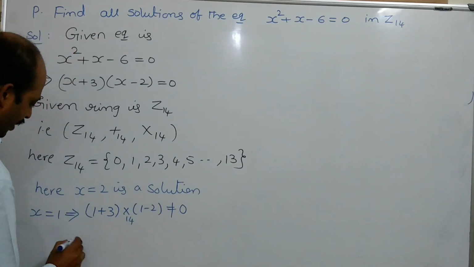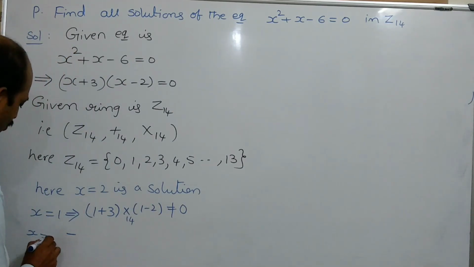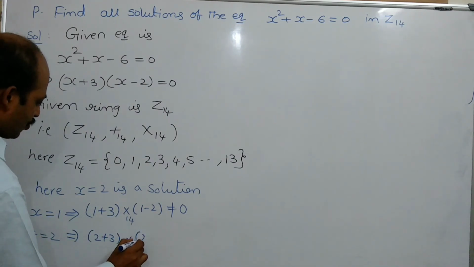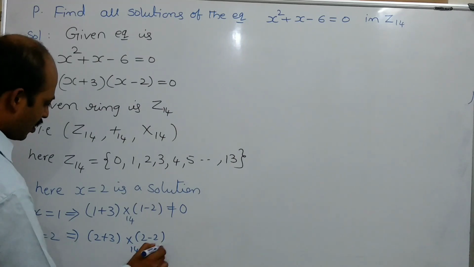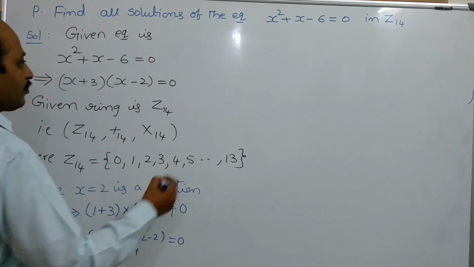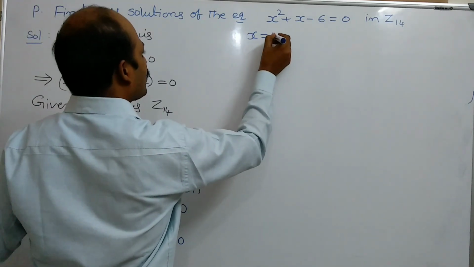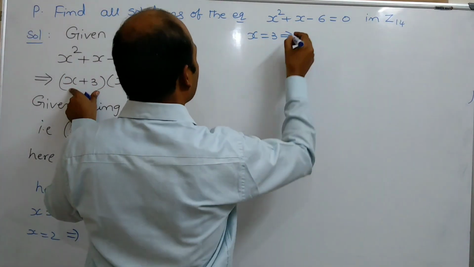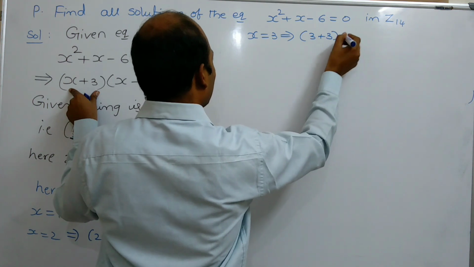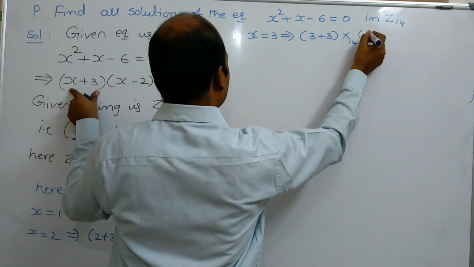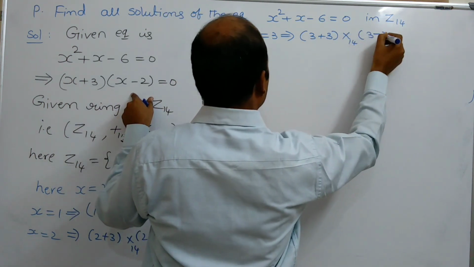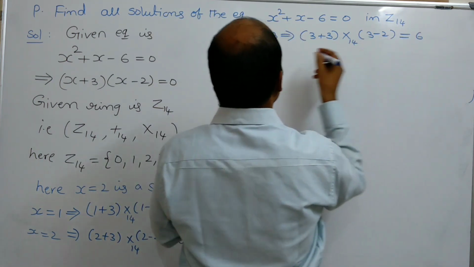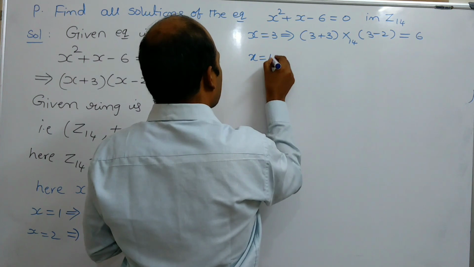Multiplication modulo 14. Put x is equal to 2. You get 2 plus 3 into 2 minus 2, multiplication modulo 14, 0. Put x is equal to 3. You get 3 plus 3 into 3 minus 2, multiplication modulo 14. 6 into 1, you get 6 only. x is equal to 4.